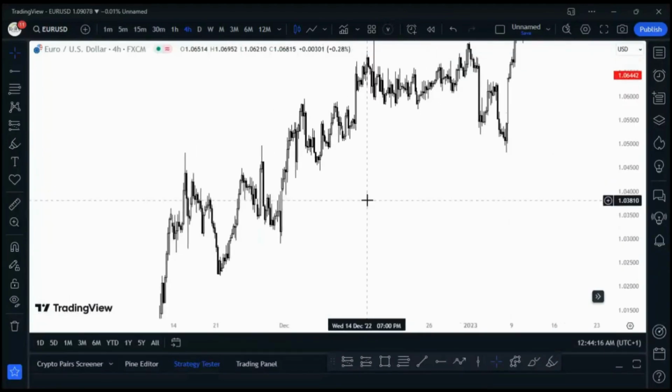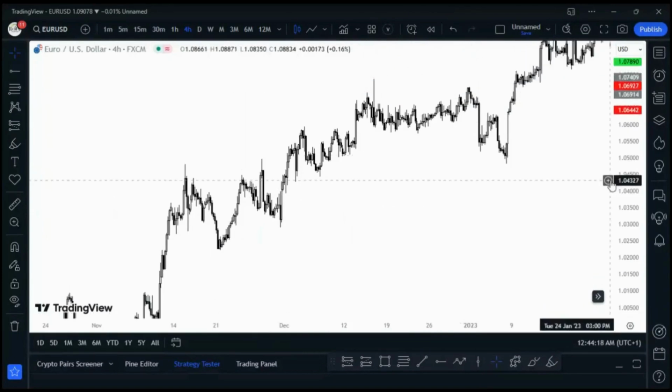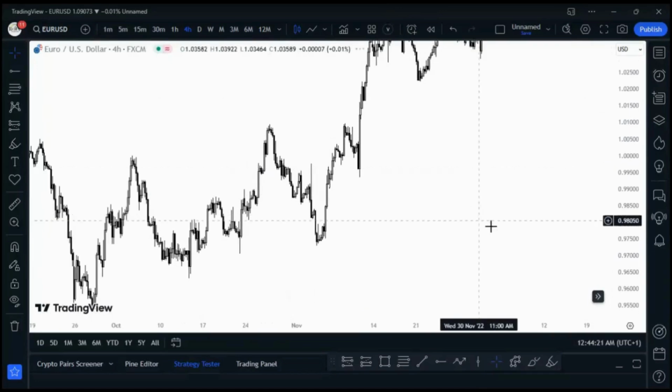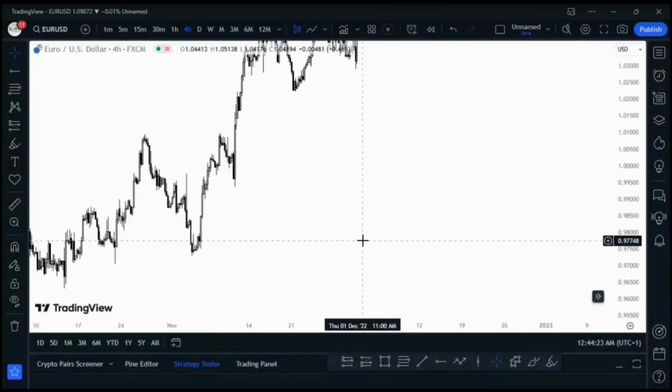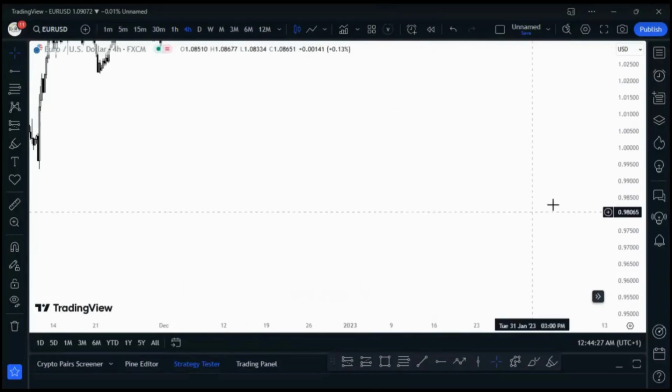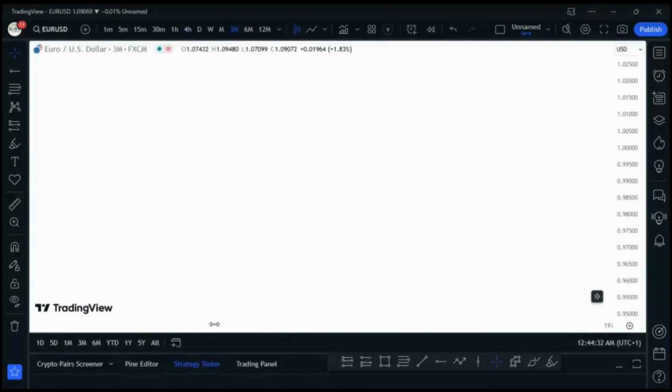You can go to your charts at your leisure time and try to backtest these things. You see resistance and support levels that are indicated. You see those things, and I believe you will be able to understand what we've been talking about.